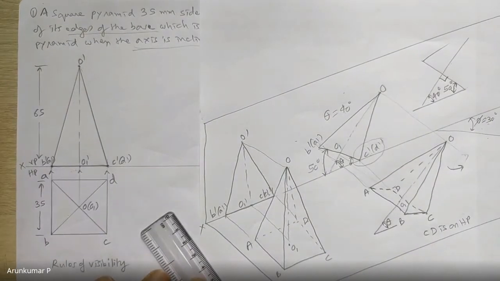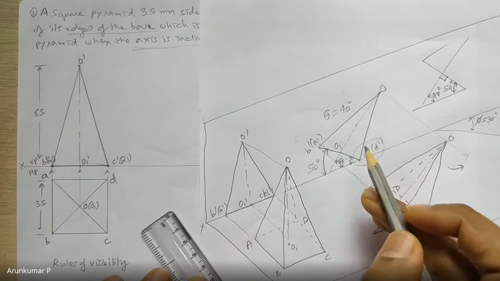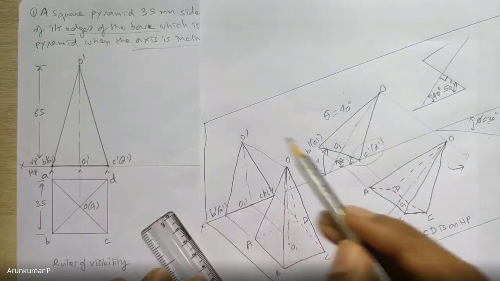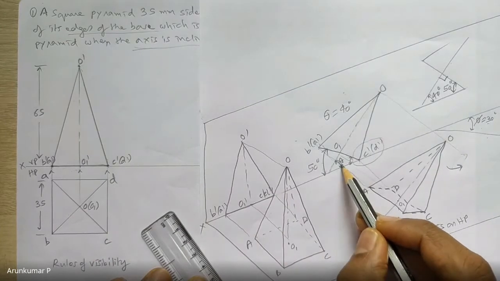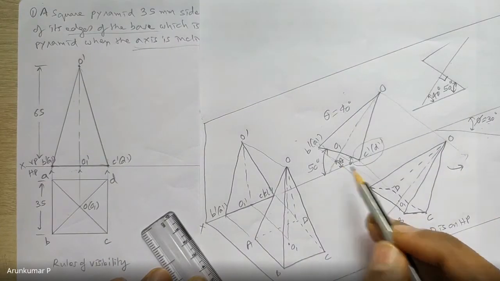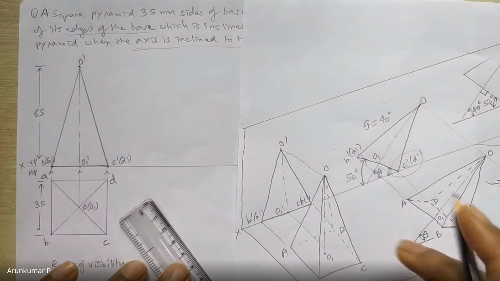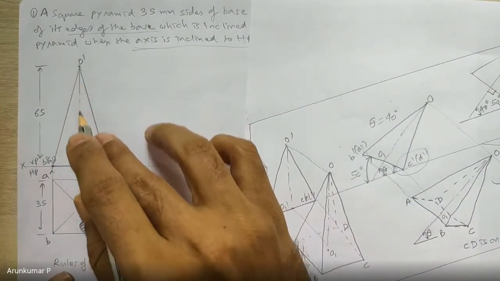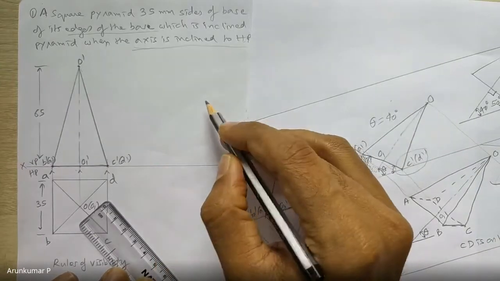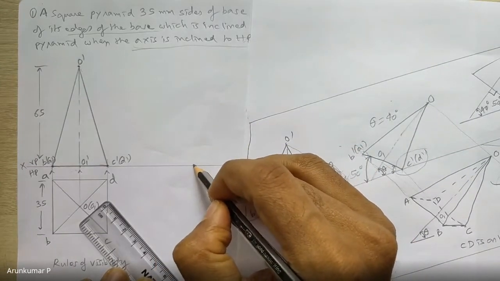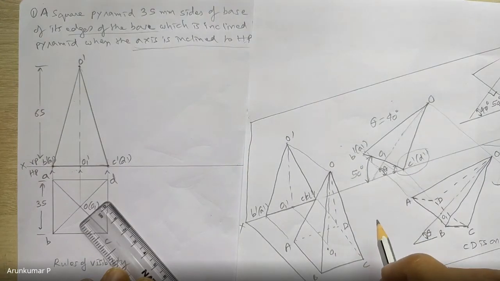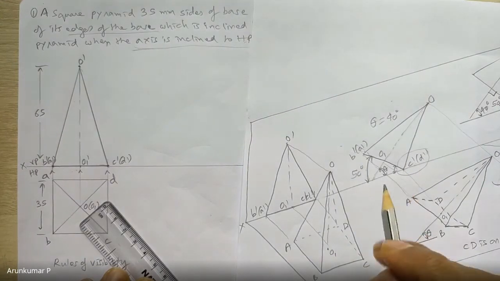Front and top view. Second step, you have to incline this axis line O dash O1 dash by 40 degrees. Now is the time to check it out. See, can you incline this O dash O1 dash perfectly by 40 degrees, ensuring that C dash D dash is on XY line? It is very difficult. If you want, you can try it out.